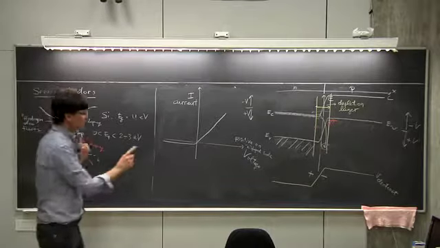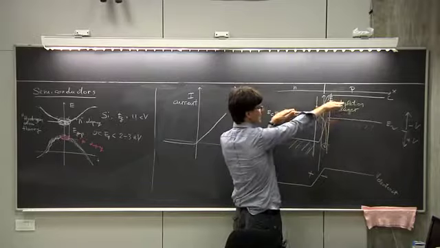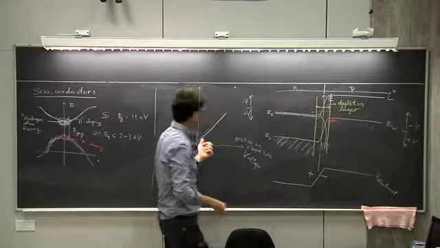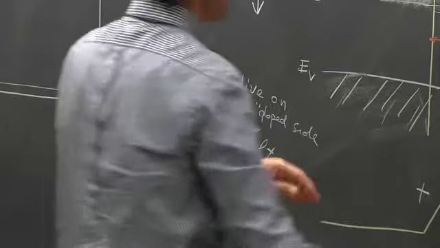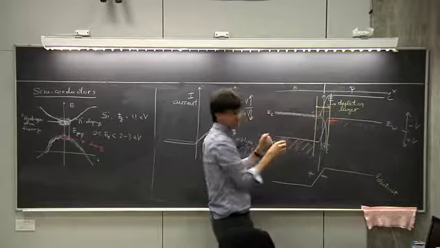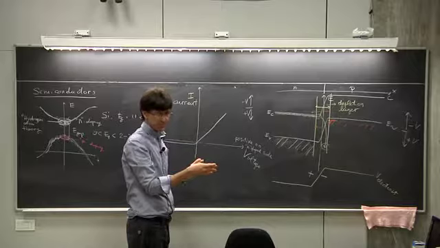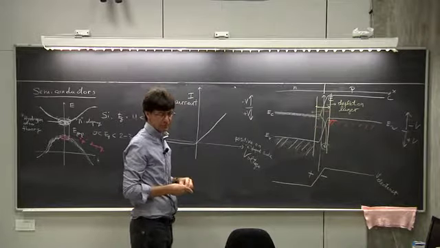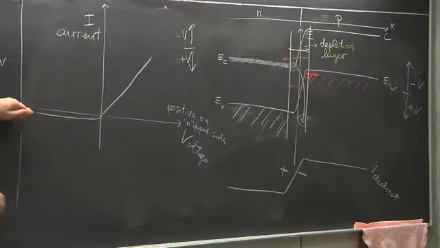So I have two completely opposite situations. If I apply a voltage that increases this level with respect to this one, then I have standard conductivity, because charge flows without problems. If I do the opposite, that is, I lower this band with respect to this one, there's no more possibility for flow of electrons. There are no available states that can flow from one side to the other one of the interface. So the current will be essentially zero, will be very small.